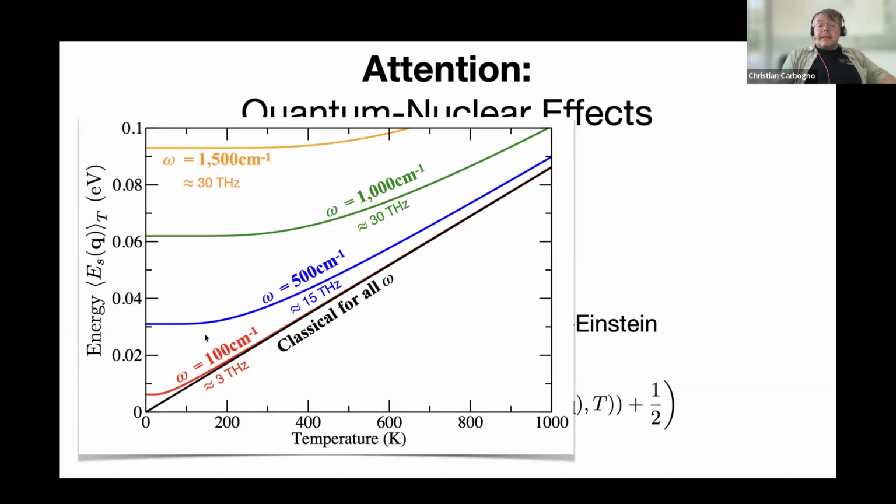If we have a rather low frequency, we see that this does not change much from the classical picture. Actually, the differences only arise in this low temperature regime, where we see that this factor of 1/2, the actual zero-point motion, gives us an energy that is already present at 0 K.